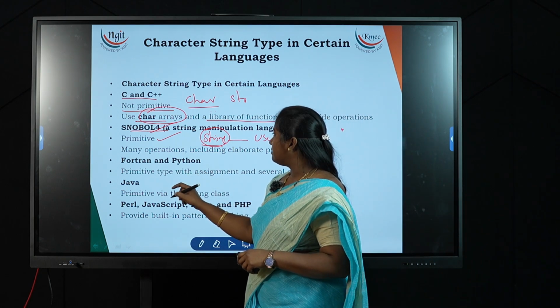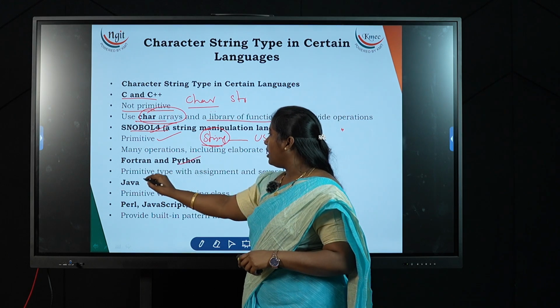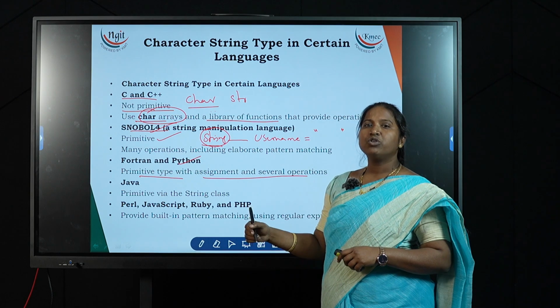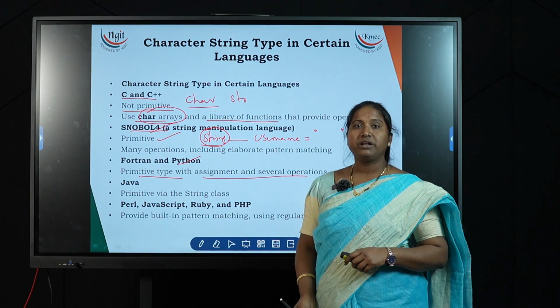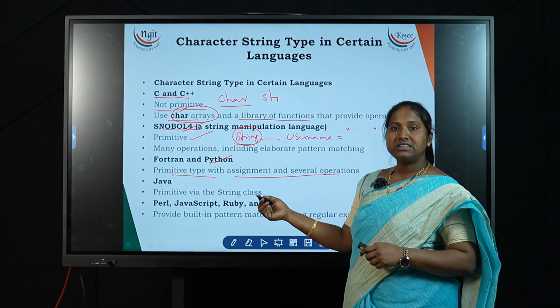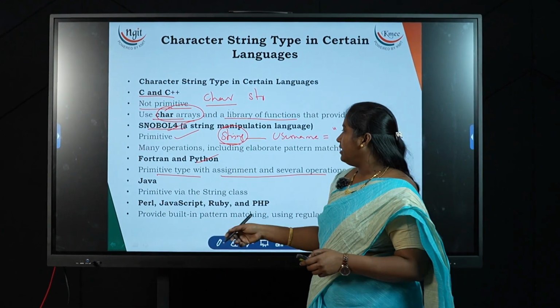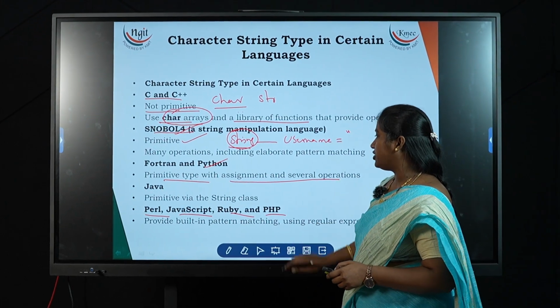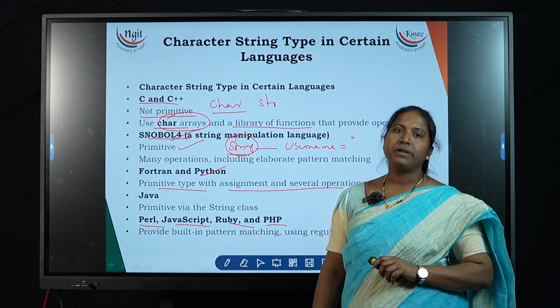Now, coming to the other languages, Fortran and Python have a primitive type with assignment and several operations. You know about Python that string is a default, or primitive, data type. And we also have Perl, JavaScript, Ruby and PHP, where string is a primitive data type.